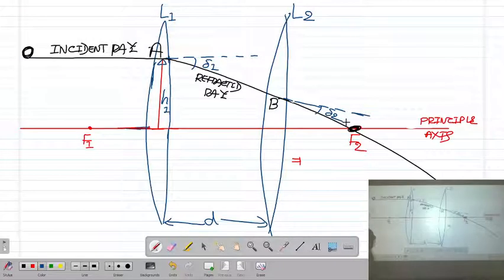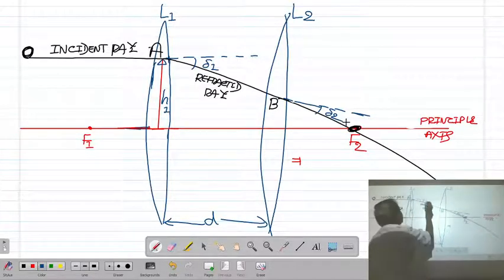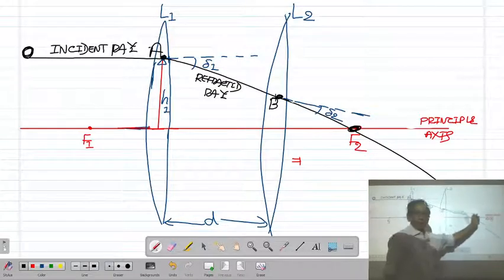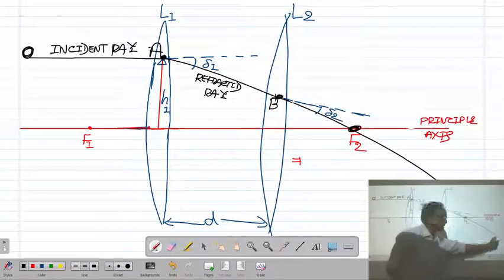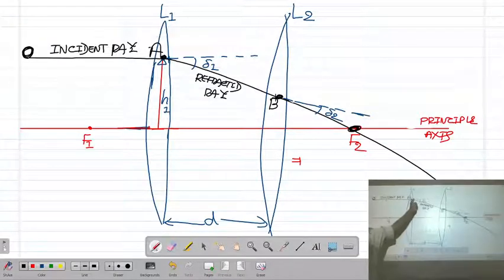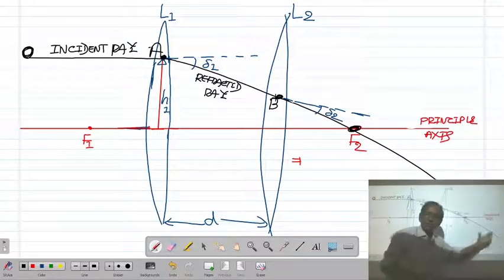So OA is the incident ray. It undergoes refraction in lens L1 and travels in the direction AB. From point B, instead of going straight, it again undergoes refraction and passes through the second focal point F2, because it is a theory that whenever a ray of light travels parallel to the axis, after undergoing refraction in the lens system, it always passes through the focal point F2.